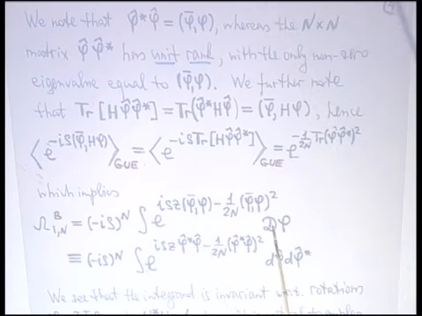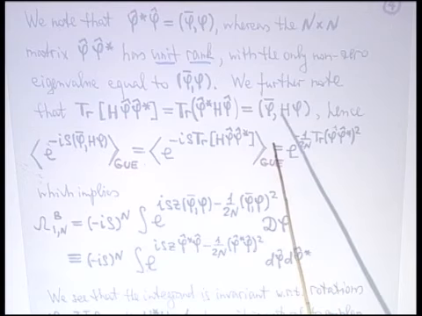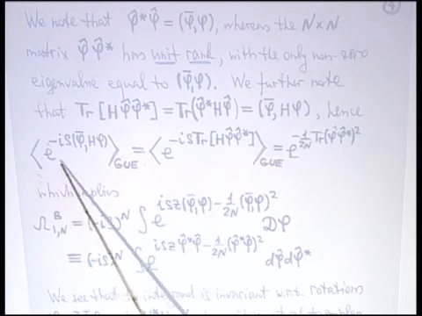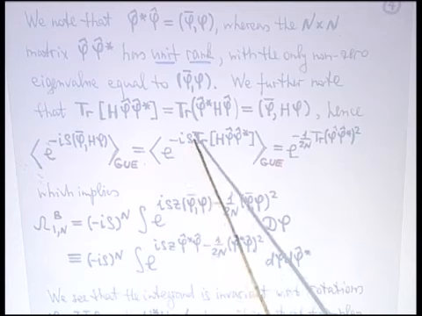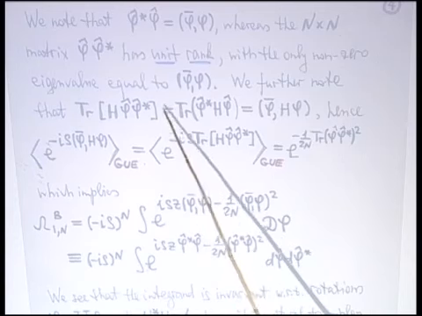This is just the same object, as is basically immediately clear, and therefore this exponent of minus i s times this scalar product can be written down as exponent of minus i s trace in this form.